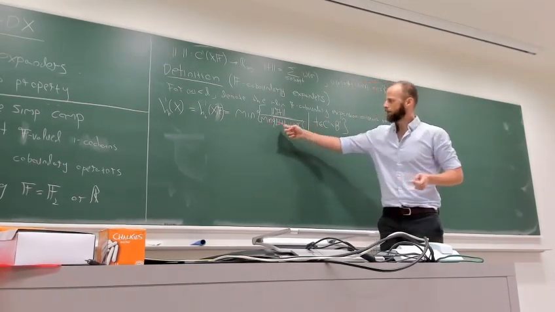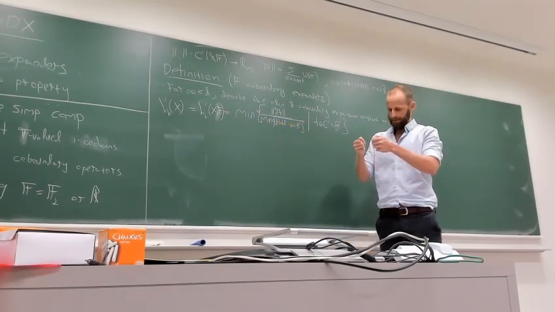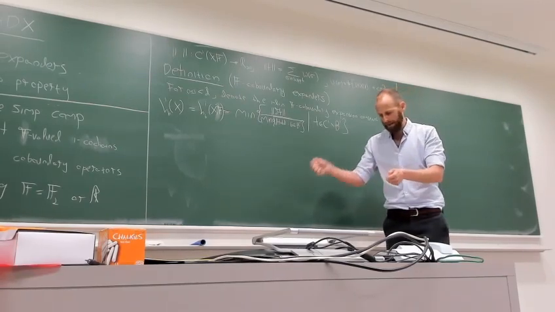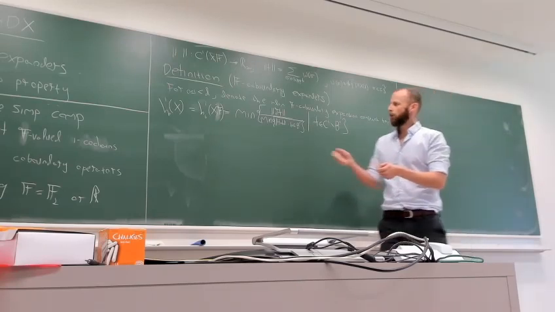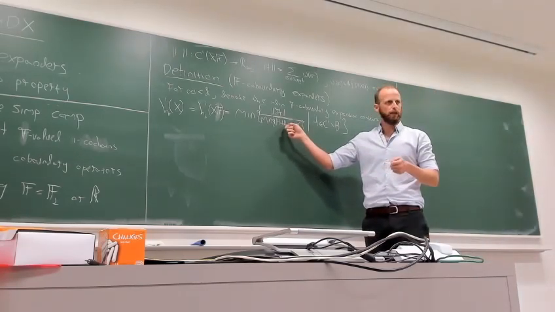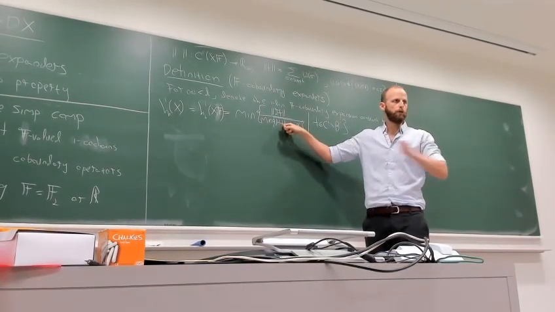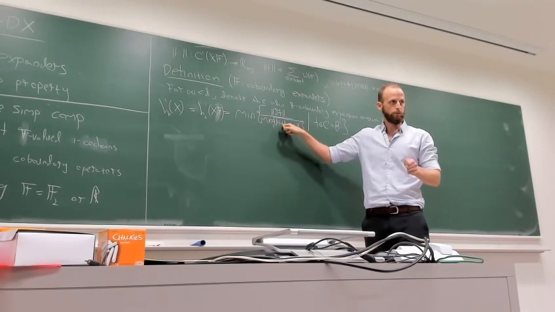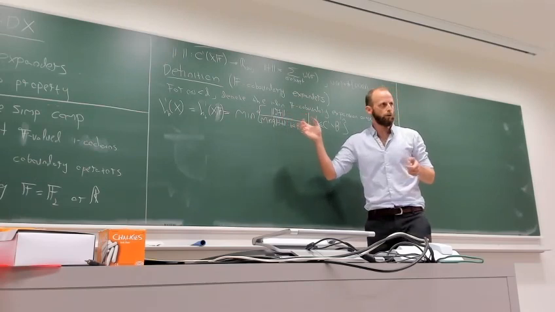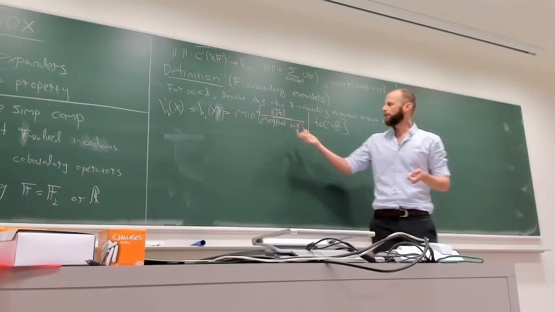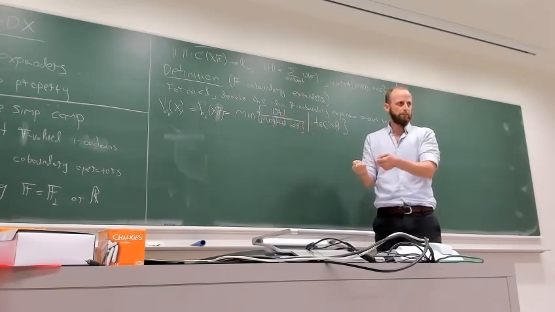In the denominator, you're minimizing the sizes of your cochain f plus any addition of a coboundary. And why does it make sense to minimize over this? Because if you take the coboundary of f plus b, you get the coboundary of f. So f plus b has the same coboundary as f, and so maybe f is not the right one, it's not the right filling of delta f.